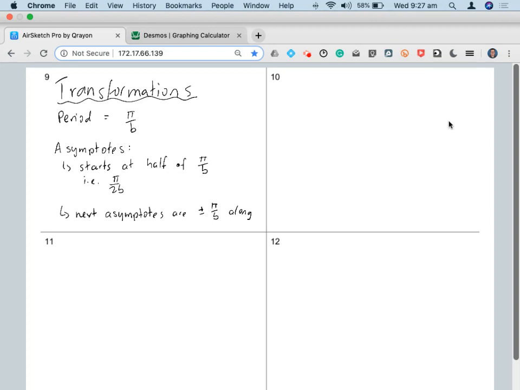Last thing I'll talk about, and then I'll go through an example, and then I'll let you do some practice: reflections. Like sine and cosine, reflections are fairly straightforward to think about.